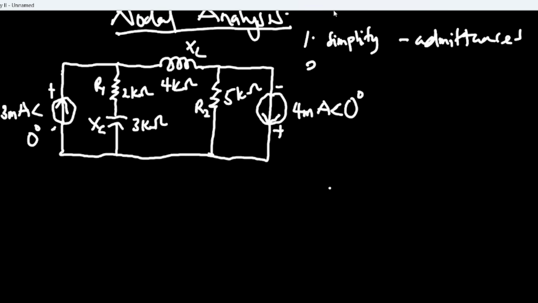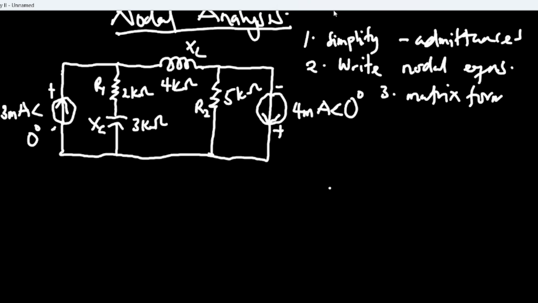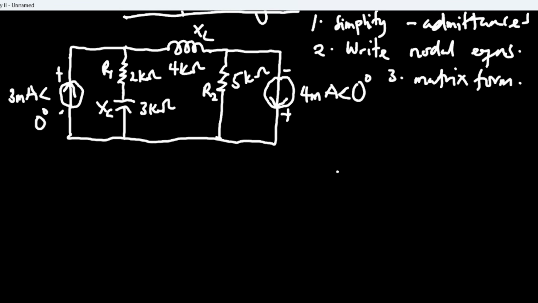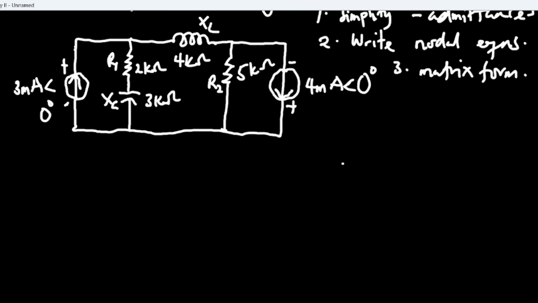Then two, we'll try to derive or write the nodal equation. Then our third objective is that we represent our equations in matrix form. And from them, after the matrix form, we can find anything we want, whether voltage 1 or voltage 2, with Cramer's rule as explained in our earlier video.